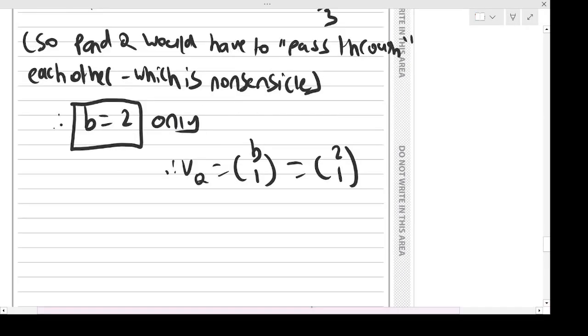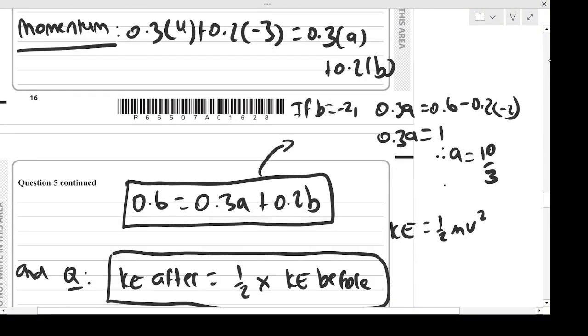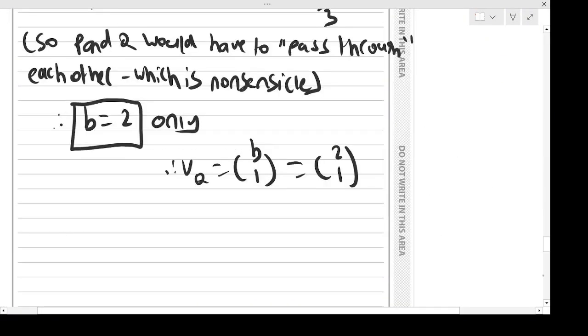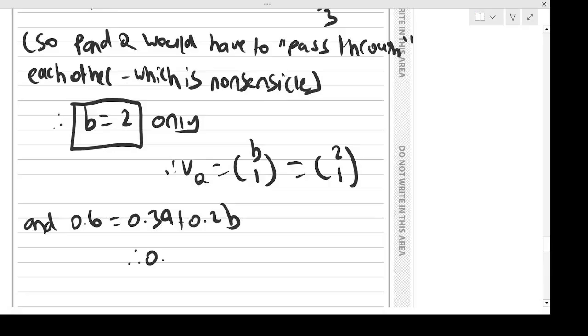And actually, now we can find A, when B is 2. So we can find A using the same momentum equation, right? So 0.6 is 0.3A and 0.2B. But because B is 2, we can work out what A is. So 0.3A is going to be 0.6, take away 0.2 lots of B, which is 2. So that will get me 0.2.